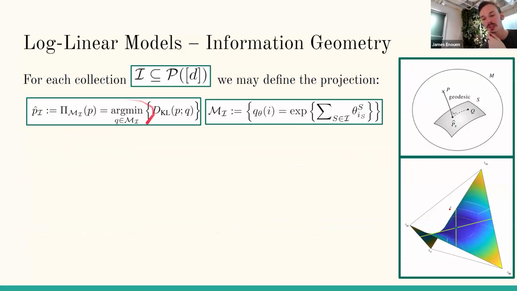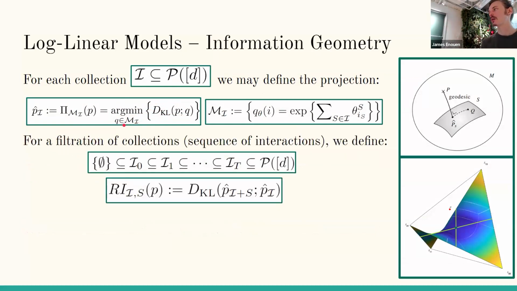We can talk about the minimization problem of minimizing KL, and that defines a unique projection onto that submanifold. So if we define a sequence of interactions, which is going to be called a filtration of these collections, then this defines a sequence of distributions that are being projected onto submanifolds.